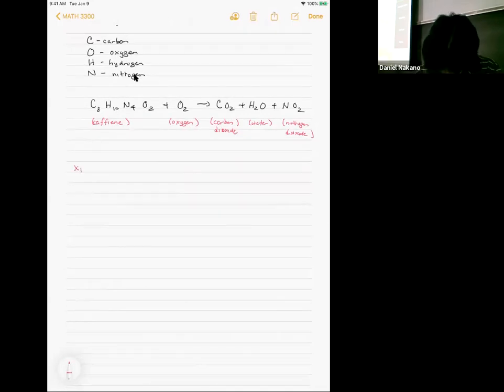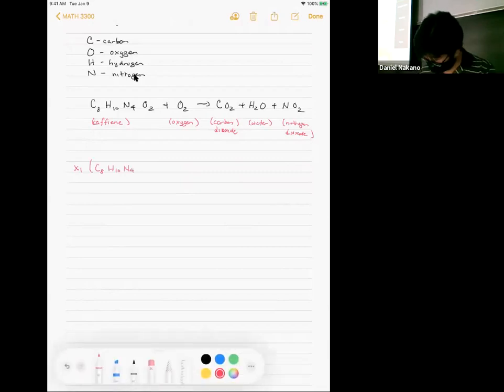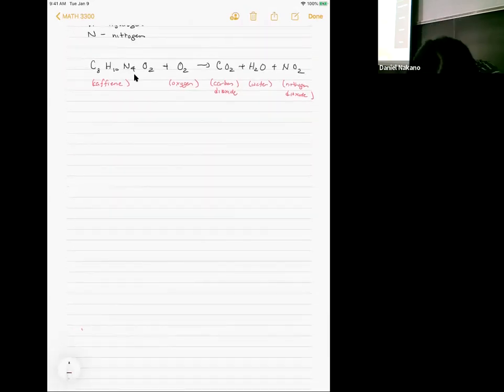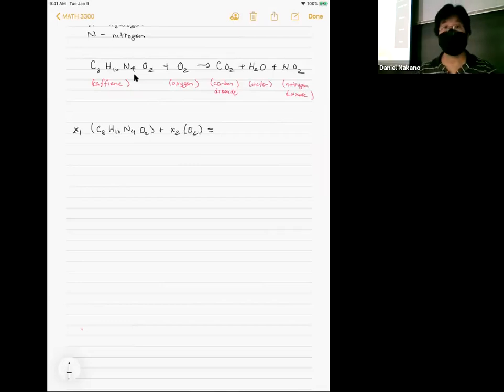Well, I want to take x1 times C8H10N4O2, and I want to take x2 of O2, and I want this to be equal to various amounts on the right-hand side.